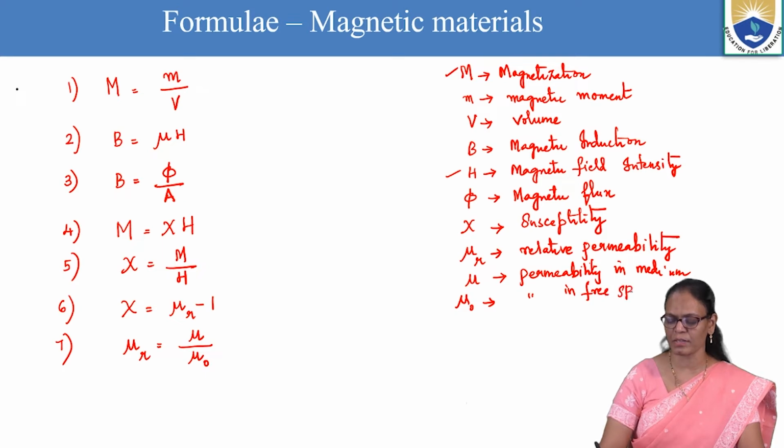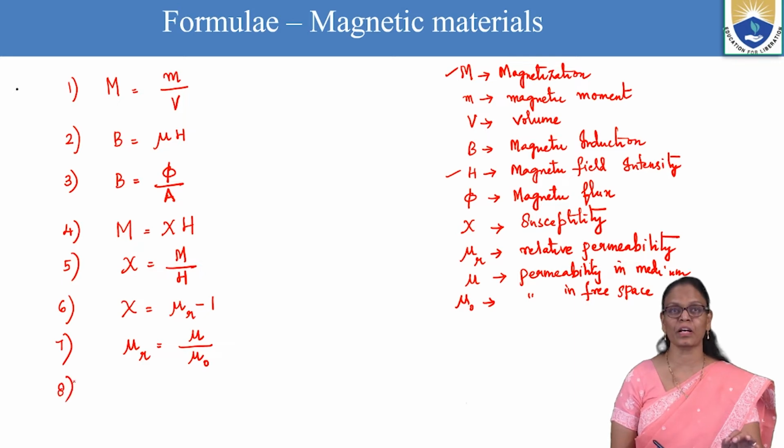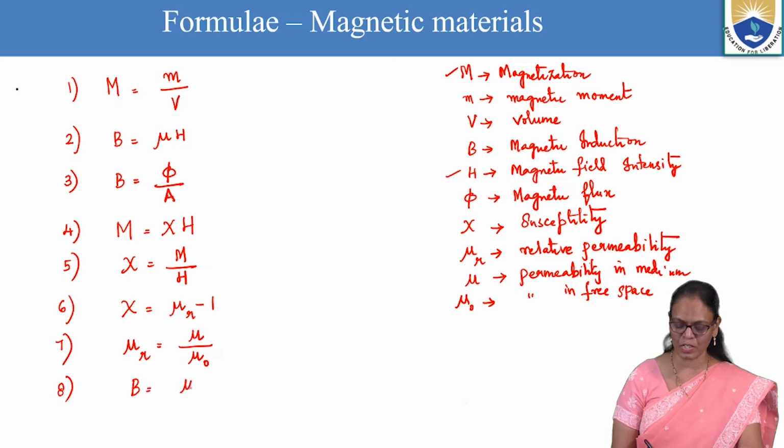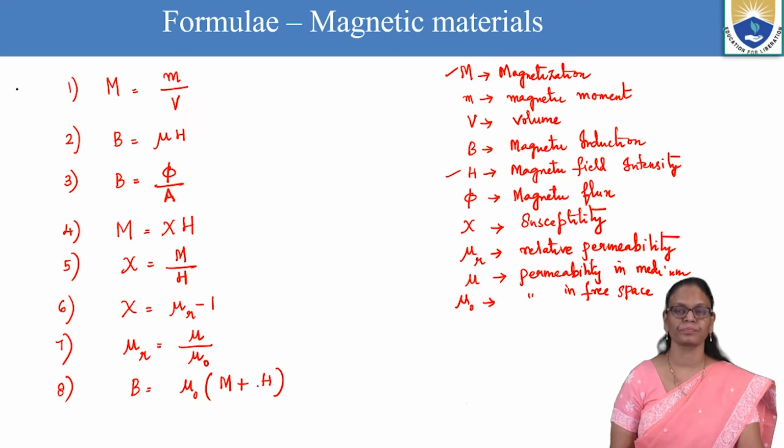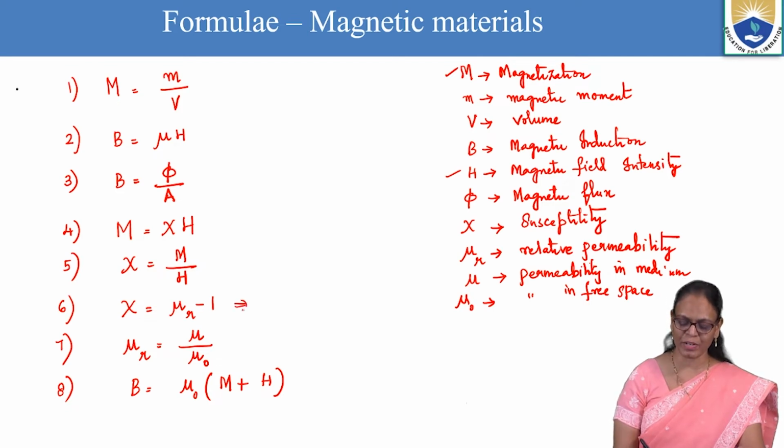We also have another formula when placing it in a medium: B is equal to mu naught into M plus H. When M is equal to 0, that is in free space, B is equal to mu naught H. Otherwise, B is equal to mu H. From chi is equal to mu r minus 1, we can also write mu r is equal to chi plus 1.